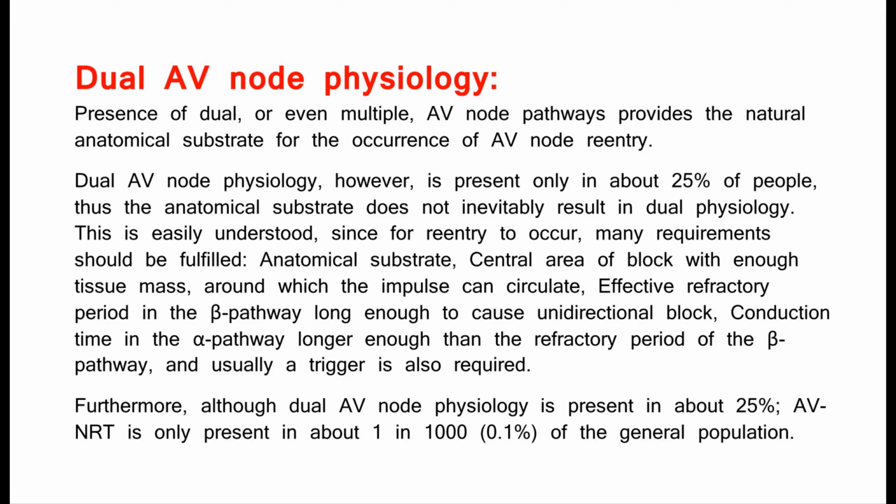This is easily understood, since for reentry to occur, many requirements should be fulfilled: anatomical substrate, a central area of block with enough tissue mass around which the impulse can circulate, an effective refractory period in the beta pathway long enough to cause unidirectional block, conduction time in the alpha pathway long enough relative to the refractory period of the beta pathway, and usually a trigger is also required.